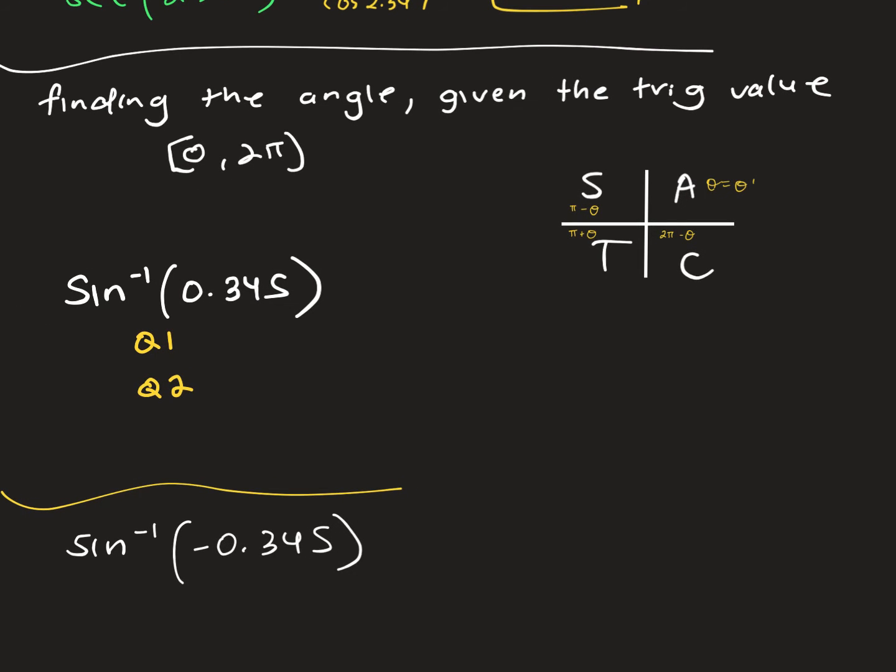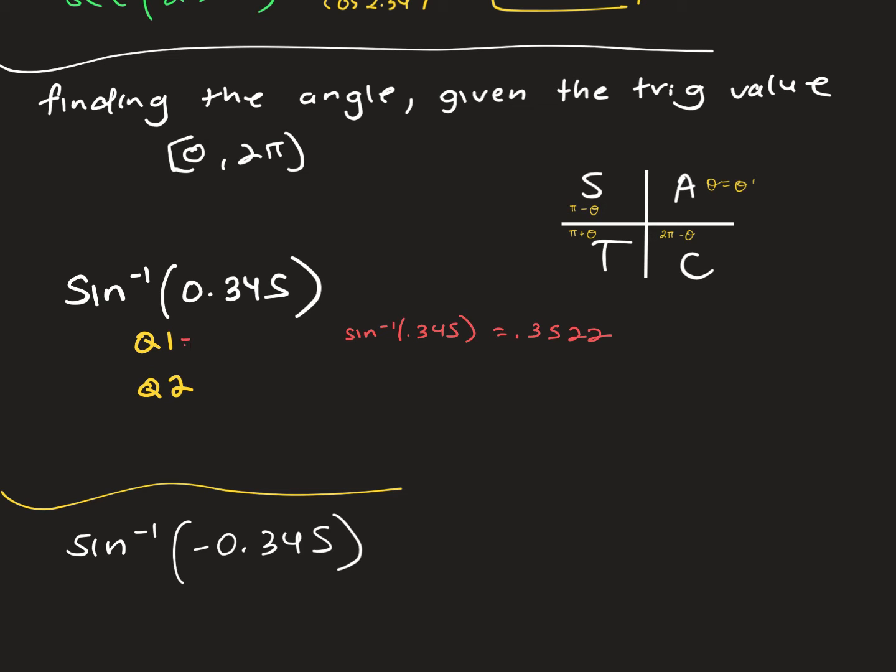So for the first example, where sine negative 1 is positive, I'm going to do second sine 0.345. And I get 0.352. Are we still in radians? Yeah, always in radians. The whole test you're going to be in radians. So that's the value where sine is 0.345.